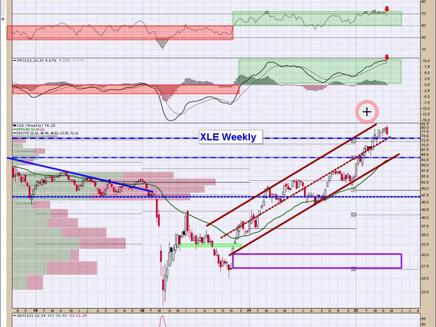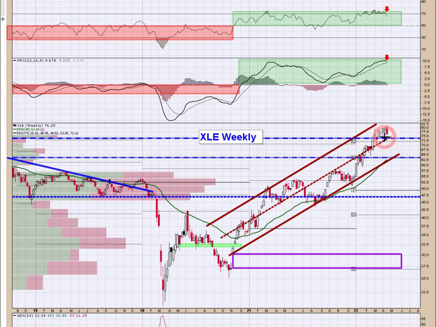These names have been on a rocket ship, but when people decide to get out, they sell everything. We talked about gold miners. Gold was up on Thursday and Friday, or at least Thursday I know it was up, and miners got destroyed. They got destroyed on Friday as well, and they finally found the energy sector.